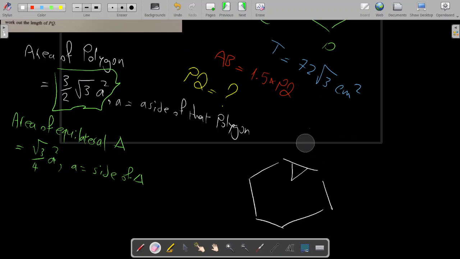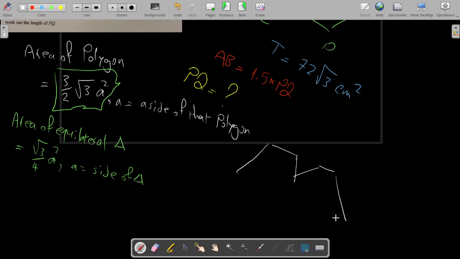the area of the polygon. I'm going to try to do it neatly. Think of it as this. This is a polygon without the triangle area. So that's what I'm trying to tell you.